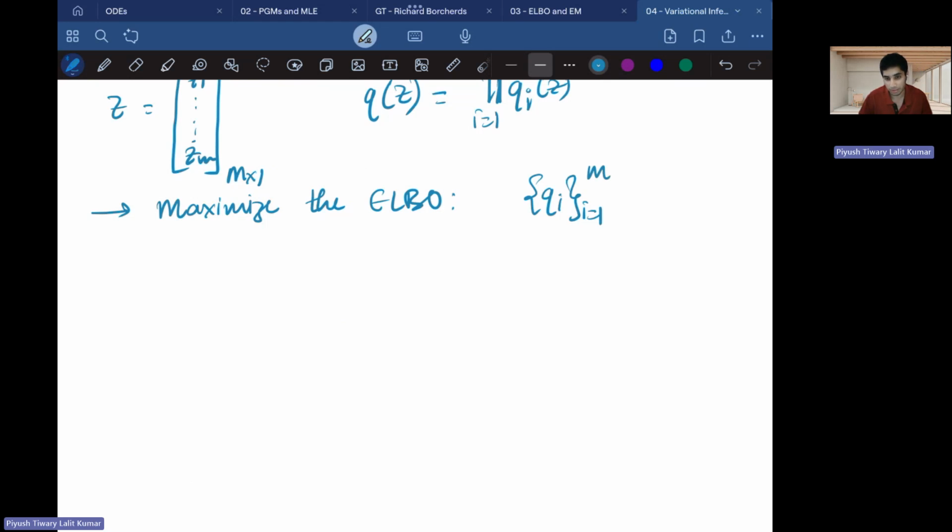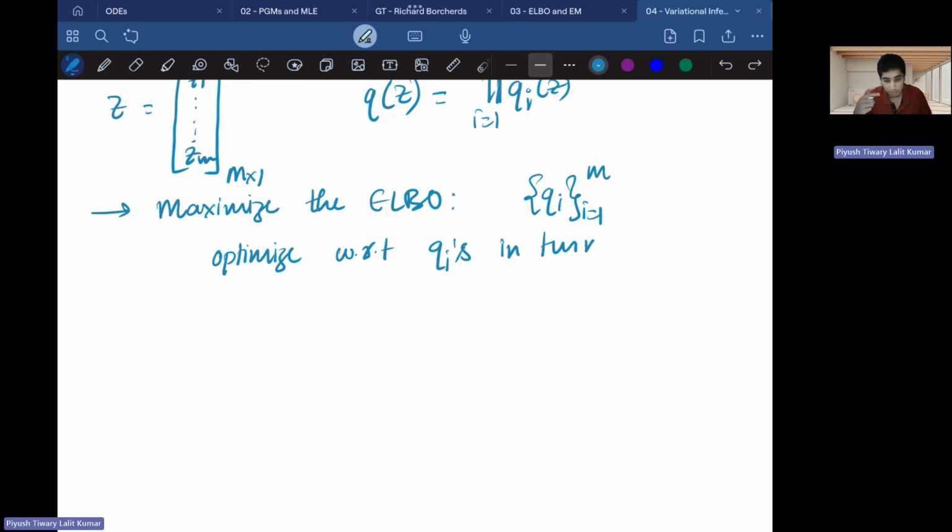We want to first find these Q_i, right? Similar to EM, though not exactly EM, we will optimize with respect to these Q_i in turn, meaning that at a particular instant we will only optimize with respect to one i.